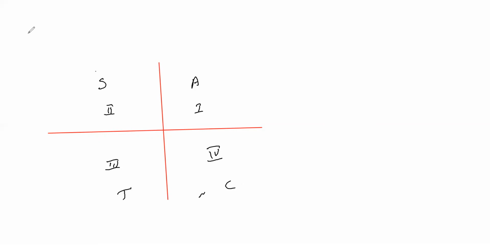What is this? The meaning of this is: A means everything is positive in the first quadrant, S means sin is positive, T means tan is positive, and C means cos is positive.